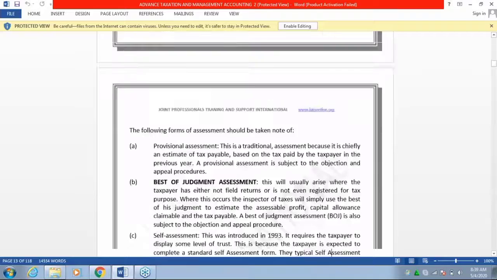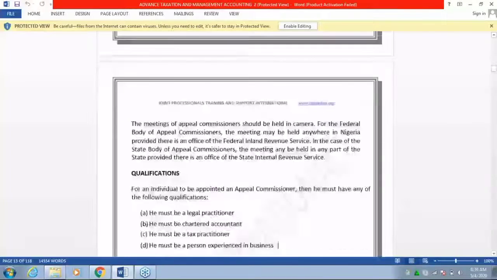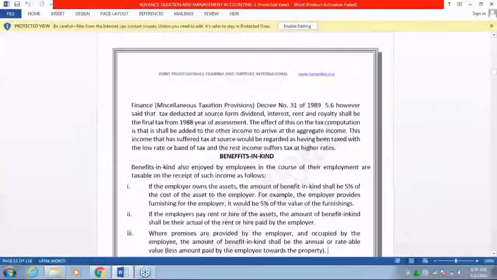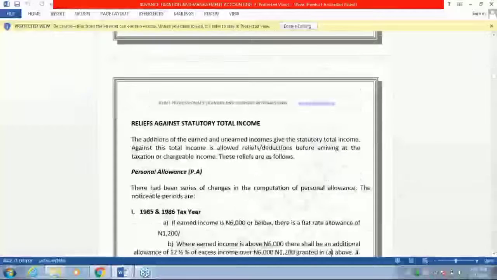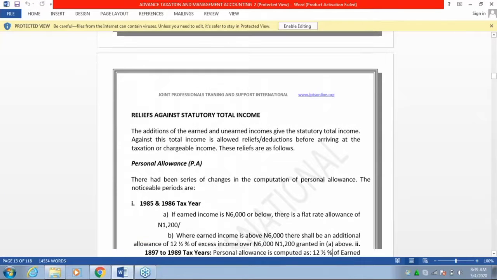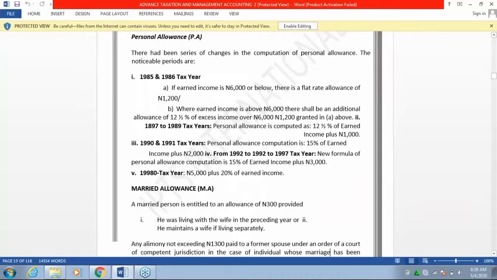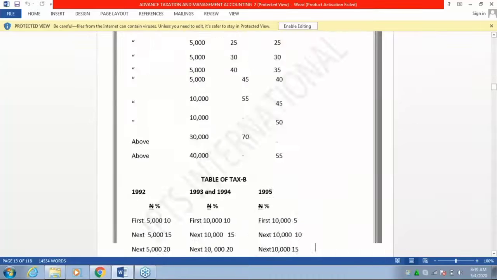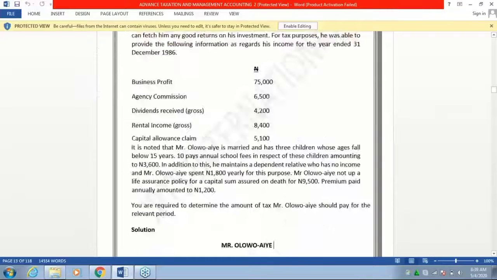So having given you that assignment, I think I've told you the assignment has to be submitted to Auditors Management Consult 01@gmail.com, which has to be submitted before the next class.